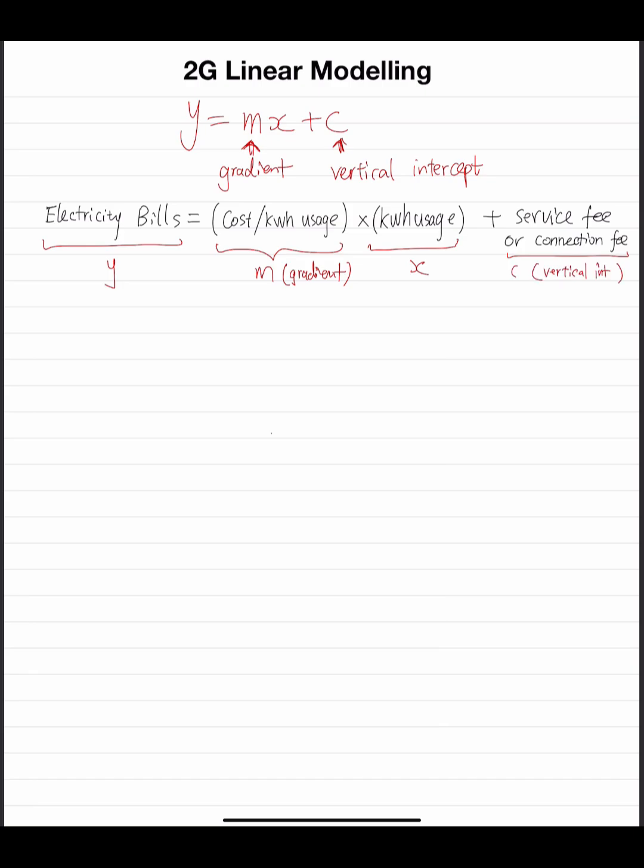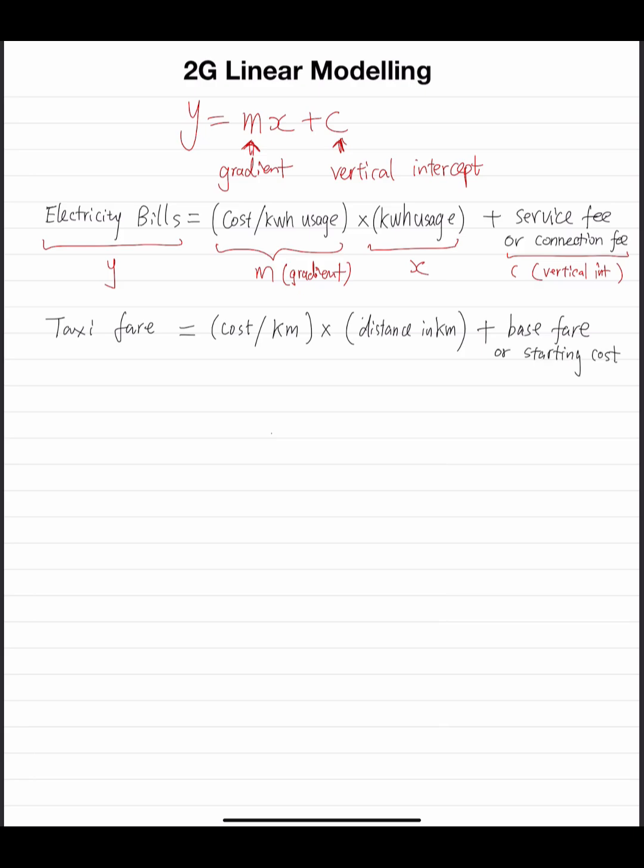We can also have a taxi fare. Remember that with a taxi you have a fixed charge for the first few kilometers. So you have the cost per kilometer you travel, times how far you have traveled, the distance in kilometers, and then you plus the base fare, which is the starting cost.